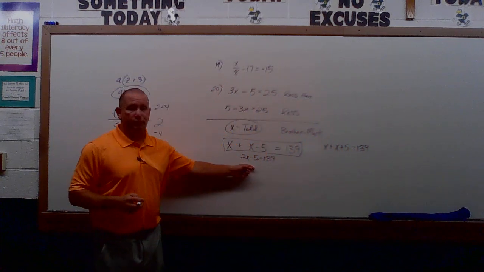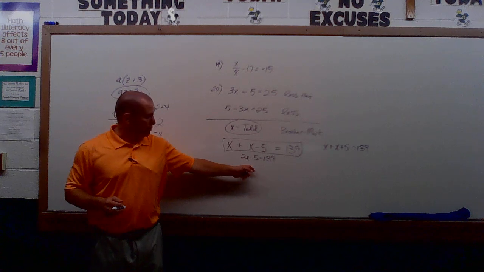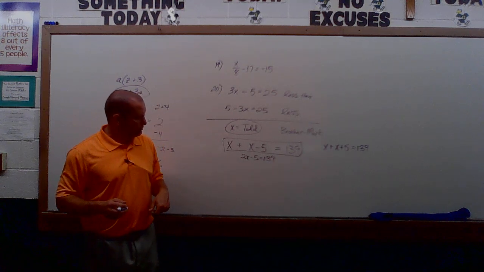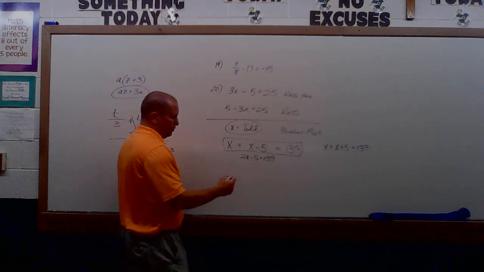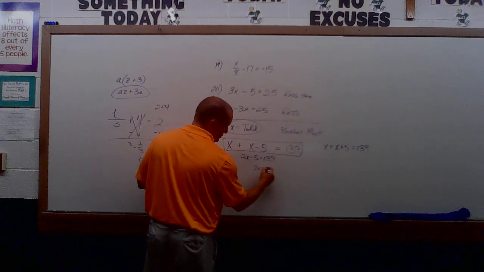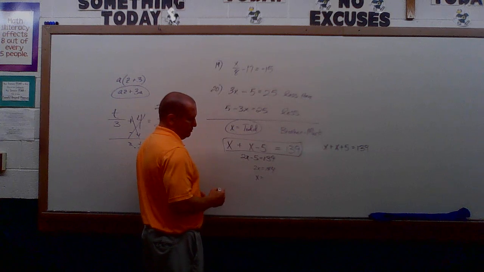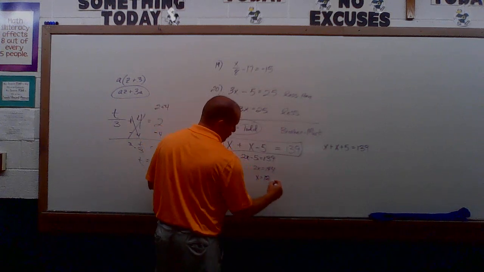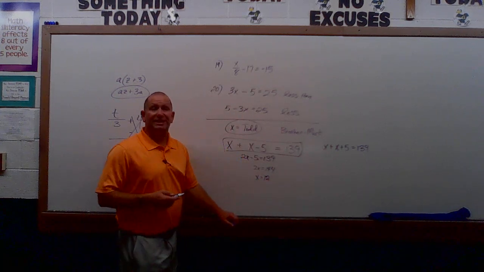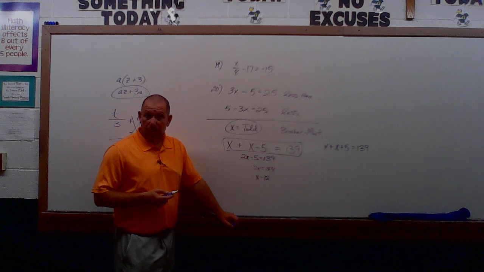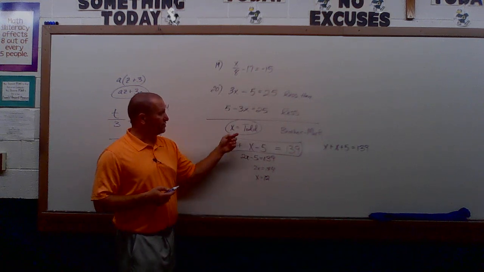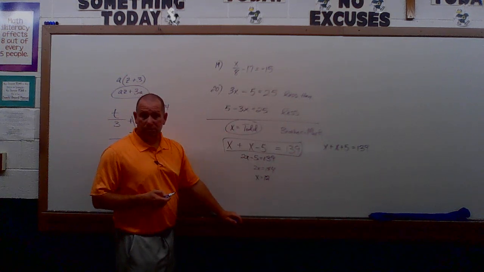But then the solving part should be pretty simple, right? What am I going to do to solve? Add 5, so 2x equals 144, so x is equal to 72. So what does 72 signify? How tall Todd is. Yeah. How tall is Mark?